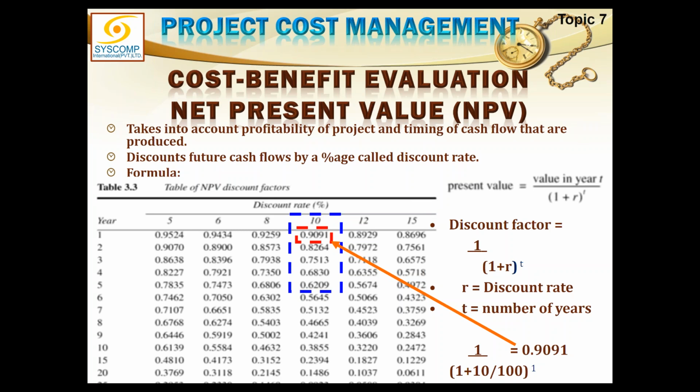That is, I'm trying to predict the future value of my money after 10 years. So the formula for that would be: future value is equal to present value multiplied by bracket start 1 plus interest rate bracket closed raised to the power number of years.